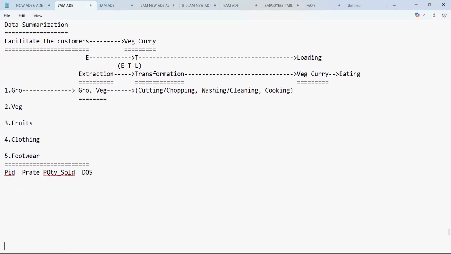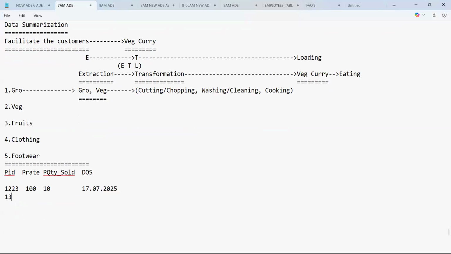Let us say product ID, something like this. Rate, let us say 100 rupees. Quantity sold is 10 pieces. And date of sales is today's date. What is today's date? 17/07/2025.